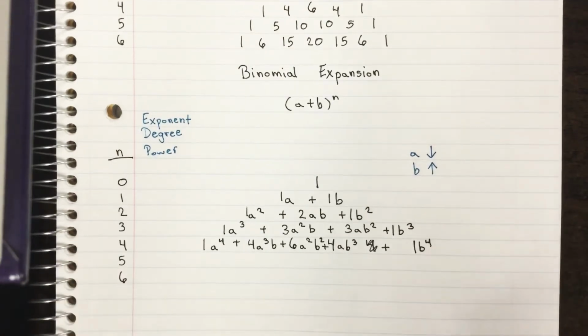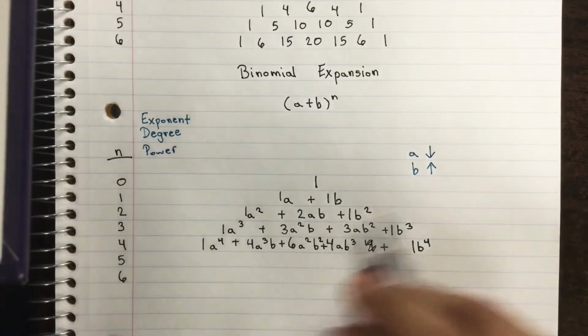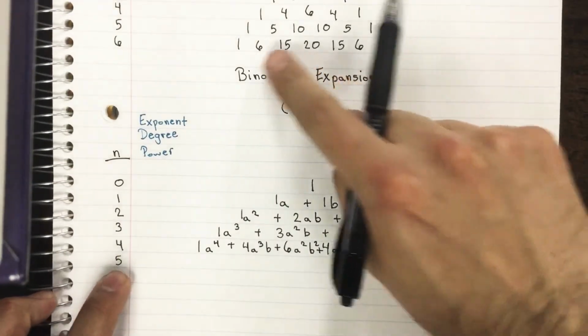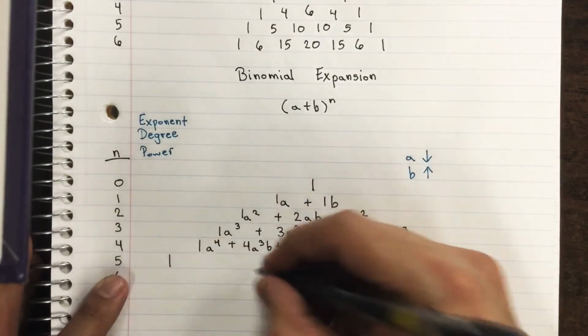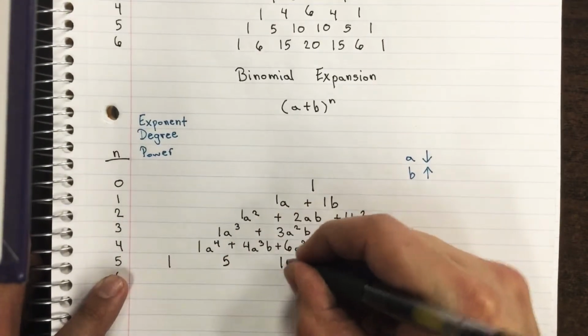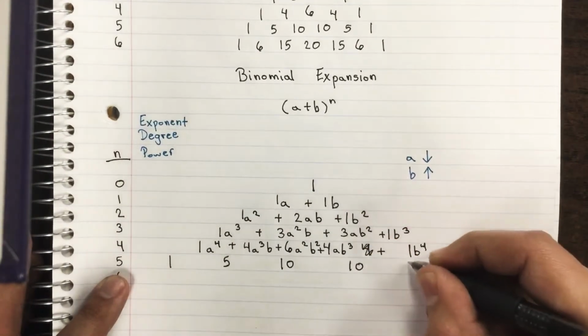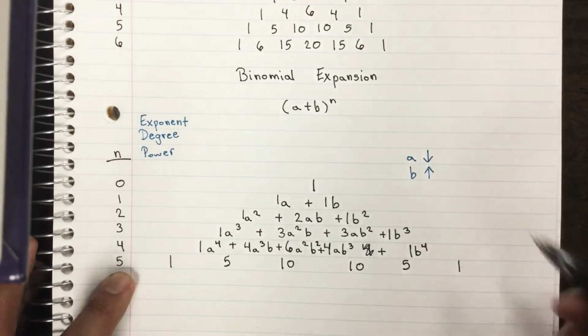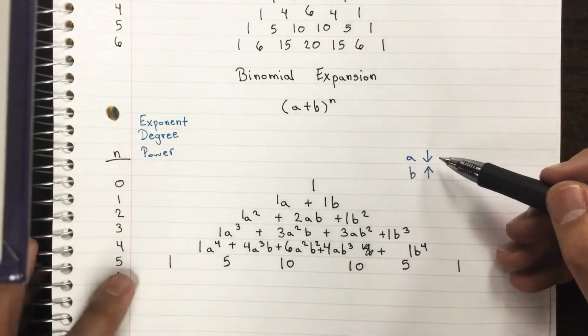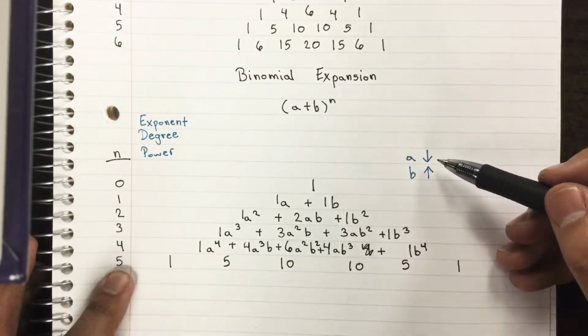And this is going to get very long and I might run out of room. But we'll do one more, okay? So my coefficients for 5 are going to be the same as up here. 1, 5, 10, 10, 5, 1. What's happening to my a's? My a's are going to decrease, starting with the power that I give it.